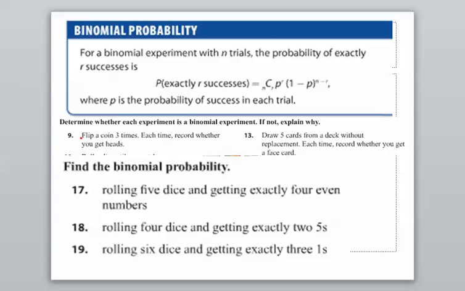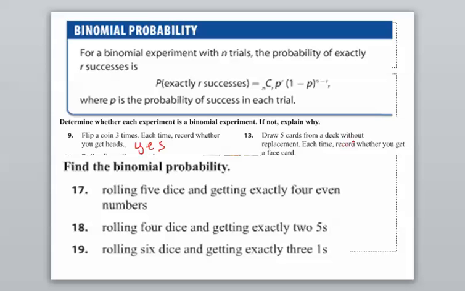Number 9 is asking us, is this binomial or not? You flip a coin 3 times. Each time you record whether you get heads. Well, yes, that is binomial. So heads is a success. You're going to say, yes, that one is binomial.